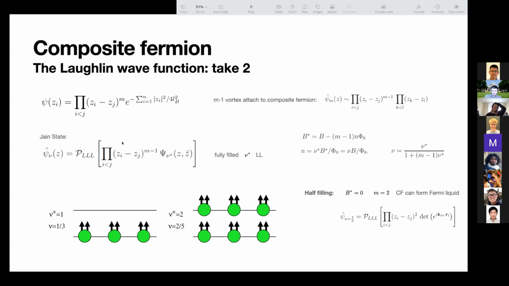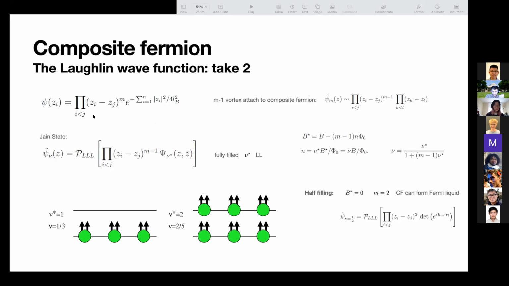Okay, so far we talked about the Laughlin wave function and the plasma analogy to it. But actually, we can view the Laughlin wave function from another point of view, which is the point of view of composite fermions. How does this work?